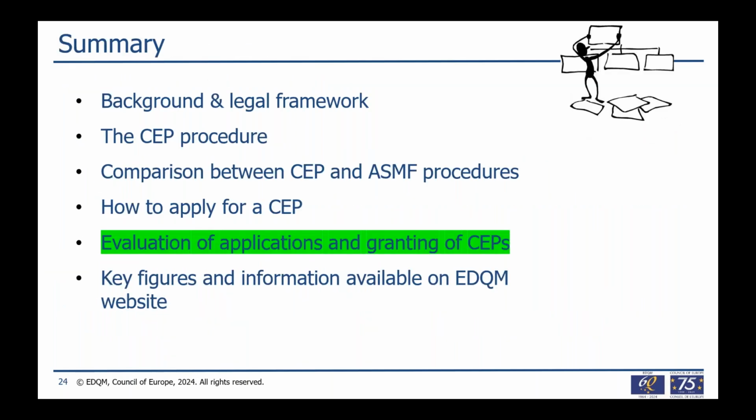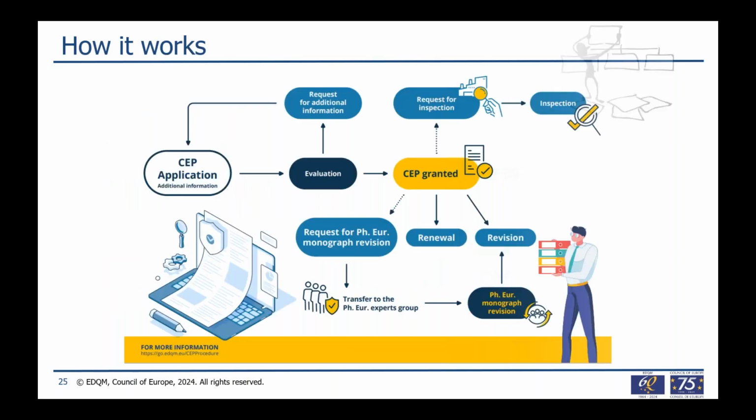So now we will see how the evaluation process works and the flow during the assessment. So when a CEP application is received, it first goes through a validation step to make sure that it is within the scope and suitable and ready for assessment. When this step is performed, the evaluation can start.